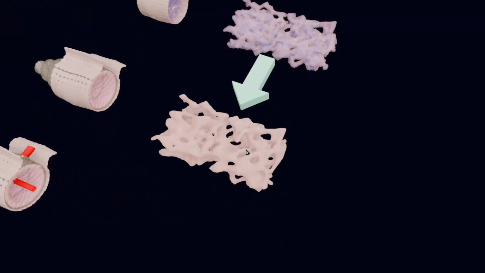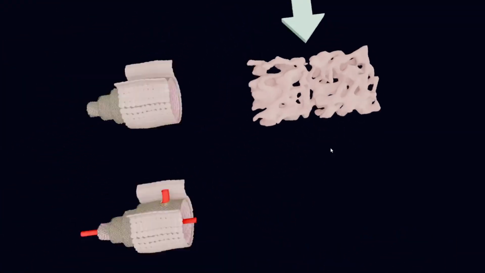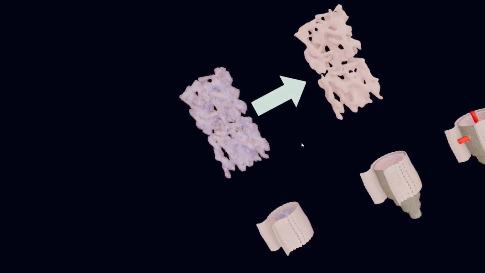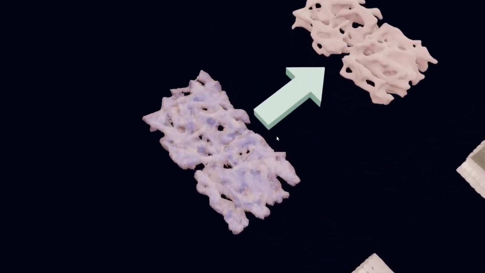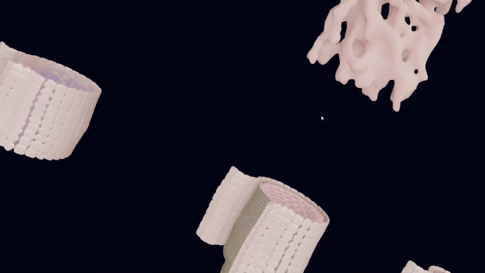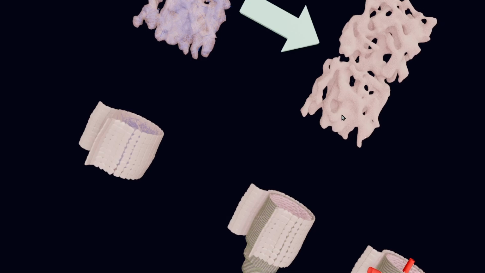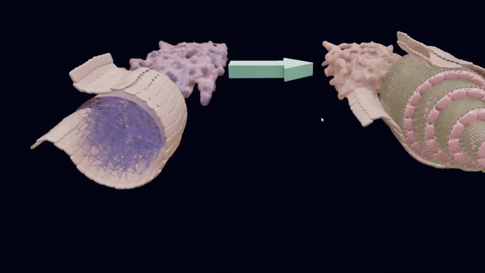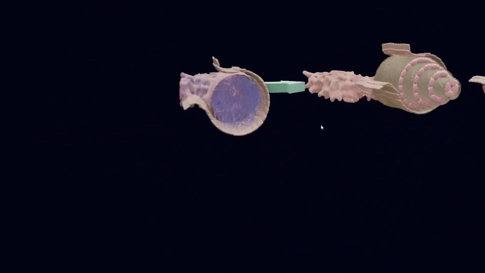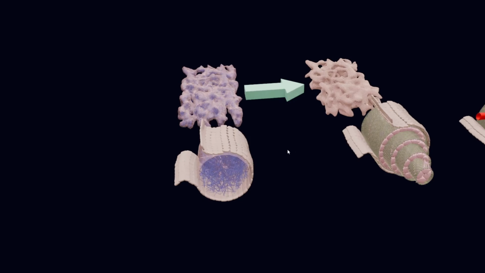So I hope you are clear about problem number one. Problem number one is that there is the immature woven bone. This immature woven bone is converted to mature lamellar bone, and this process is called bone remodeling. This process occurs throughout our life.